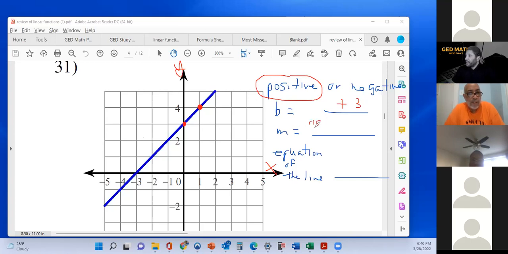Nice and easy. Now, 1 over 1 reduces to what? 1. So, Alex, when you said 4 over 4, the reason why I said that was incorrect is because we always reduce fractions to lowest terms.